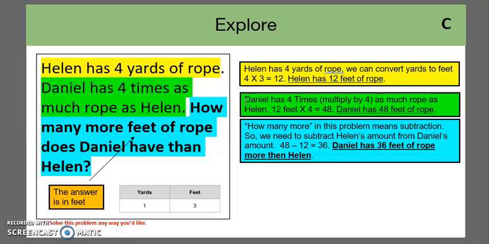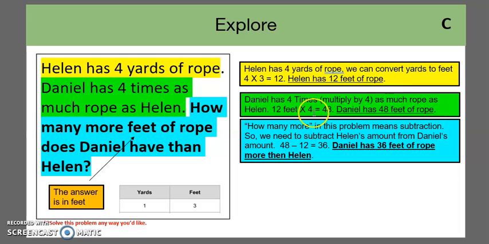The next part of the problem talks about Daniel. Daniel has 4 times as much rope as Helen. And when we see 4 times, that tells us multiplication. So we're going to take the value of Helen and multiply it by 4. So Helen's value is 12, so 12 times 4 gives us 48. Daniel has 48 feet of rope.